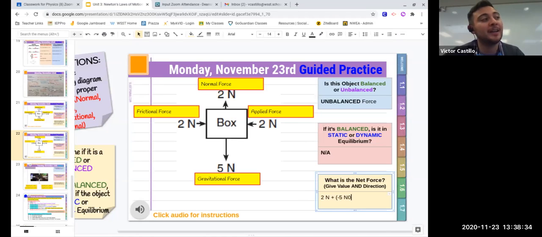The reason it's -5 is because it's facing down. So what's 2 plus -5? Well, it is -3 newtons of force. Right? So you can put -3 newtons, or you can put 3 newtons down or south, whichever one you want to put.